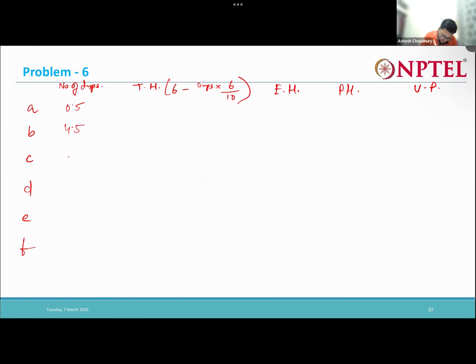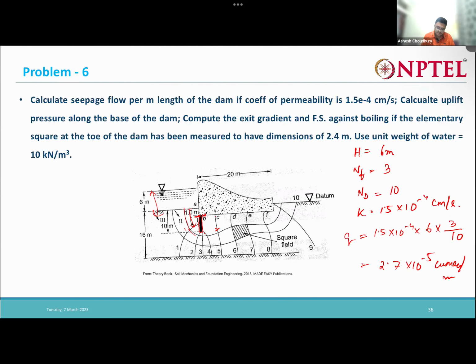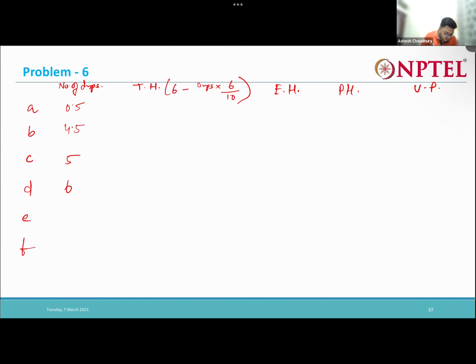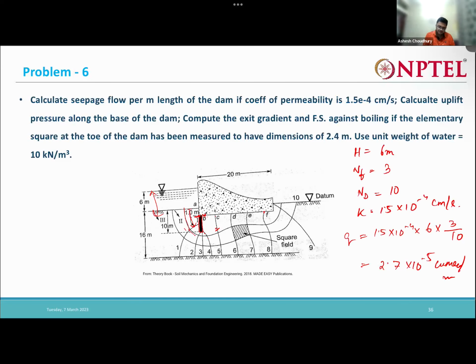So 5. So D, tell me what is the number of drops? D 6. Then E 7 and F it's 8. F is here.